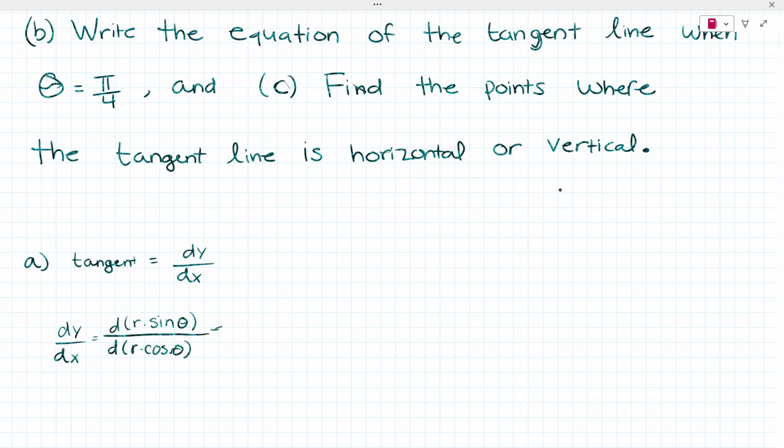So if you apply the product rule, your f is r and your g is sine theta, you get r prime sine theta plus r times cosine theta. On the bottom, if you apply the product rule where f is r and your g is cosine theta, you get r prime cosine theta minus r sine theta.